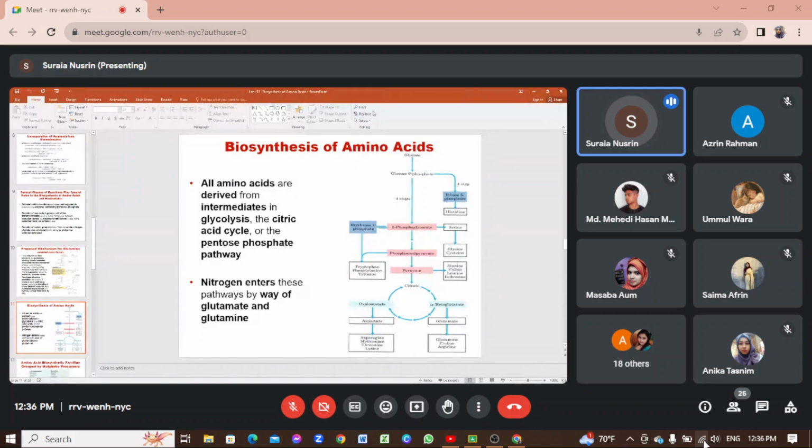So this is the flow chart. We already learned about the glycolysis pathway and its intermediates.